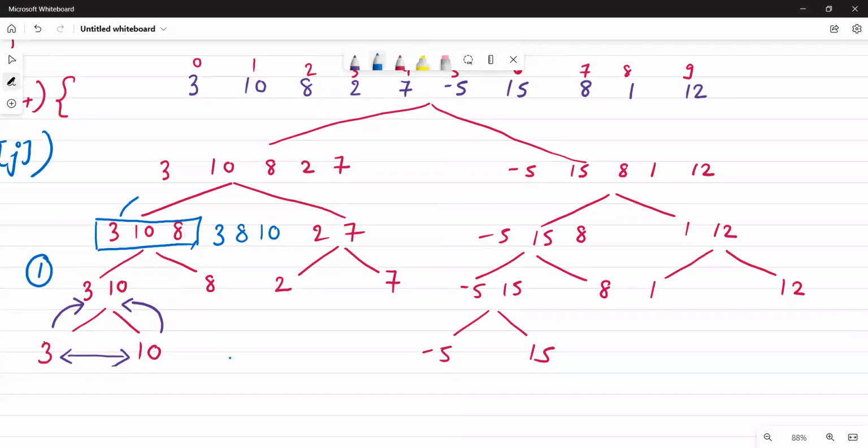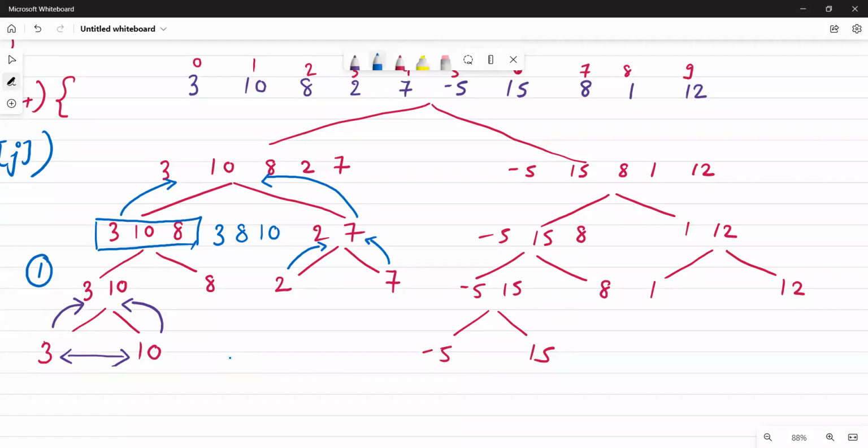Next, again, we will go up, but now we will finish up these two sub branches. 2 and 7, is this pair possible? No. They will be merged and again sent back. In this merging, 3 will be compared with 2. Is 3 and 2 pairing possible?